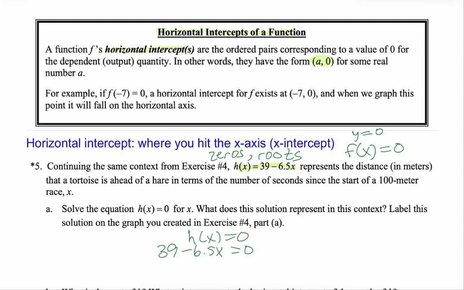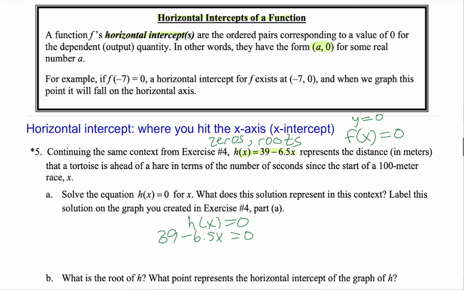You can move the 6.5, you can move the 39. Doesn't matter. You decide. They're both going to get us to the same place. If you don't like negatives, move the 6.5. That would be 39 equals 6.5x. But it was okay to move the 39. There's nothing wrong with that. Then we're going to divide both sides by 6.5. So 39 divided by 6.5 is 6.